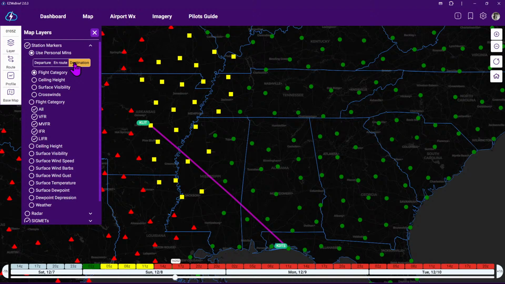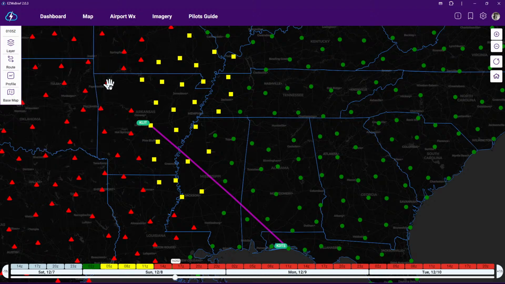And anywhere you see red, that means it has basically busted through my personal minimums, valid at that particular time. Anywhere you see green, that means it has met my personal minimums conservatively. And yellow means that you met your personal minimums, but not necessarily with a lot of margin, so you're in that moderate risk area. So greens are where you want to eventually think about going.